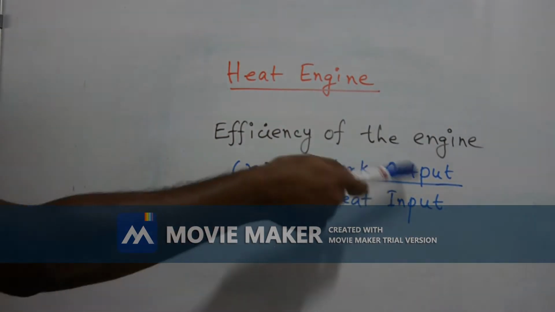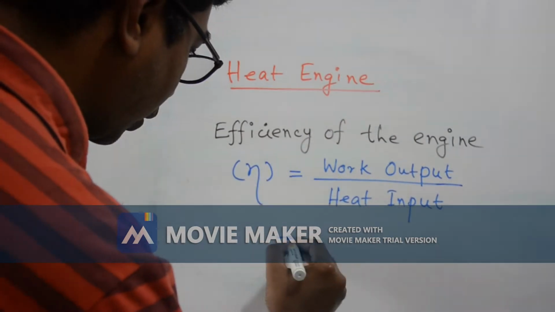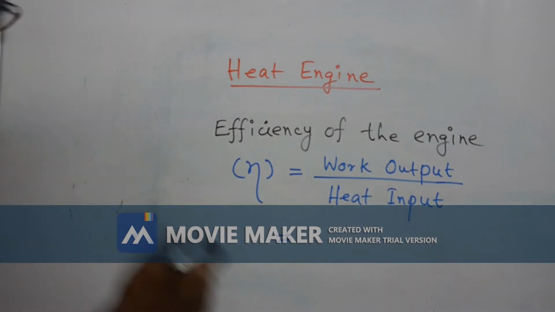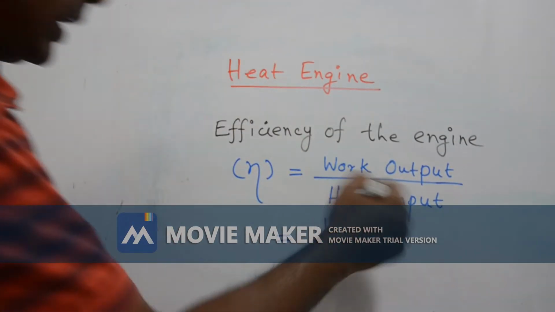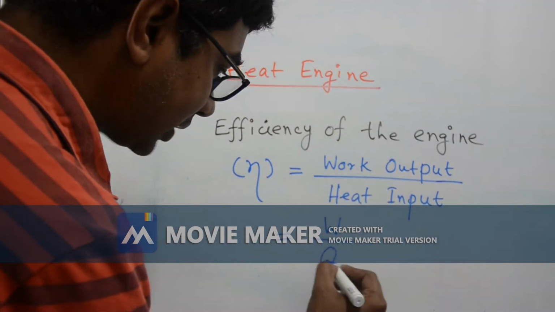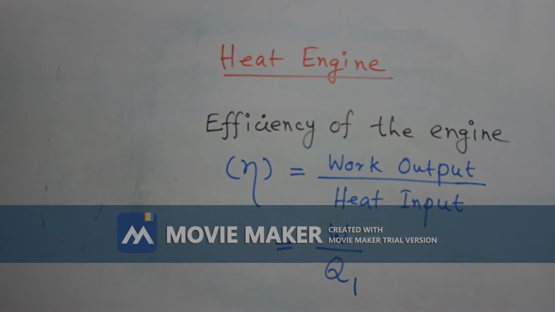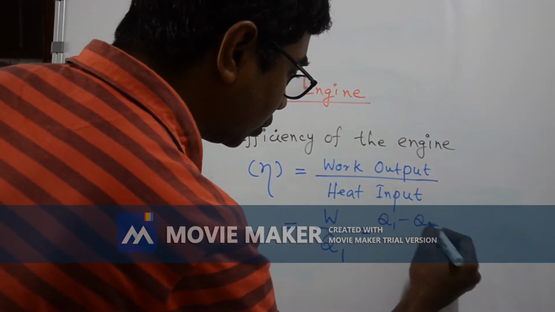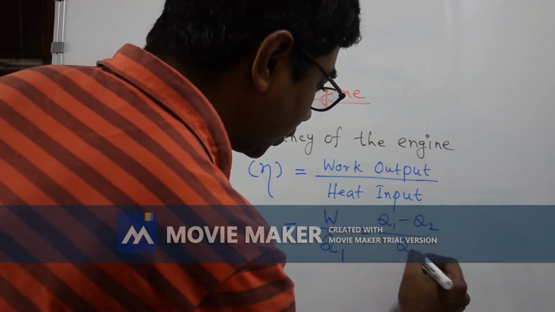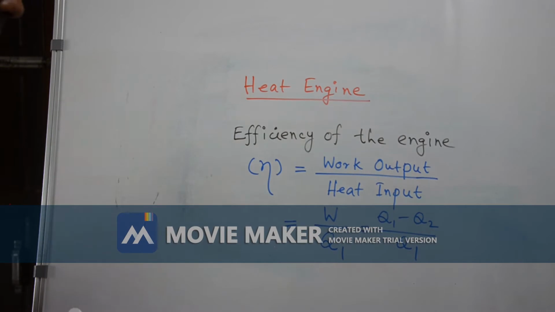It's basically an output by input kind of system. Work output we know, as we have already seen in the previous diagram which I just erased, it will be just W, and the effective heat input is Q1. And already from the first law of thermodynamics we have seen that W can be written as Q1 minus Q2. So effectively the efficiency can be written as Q1 minus Q2 by Q1.